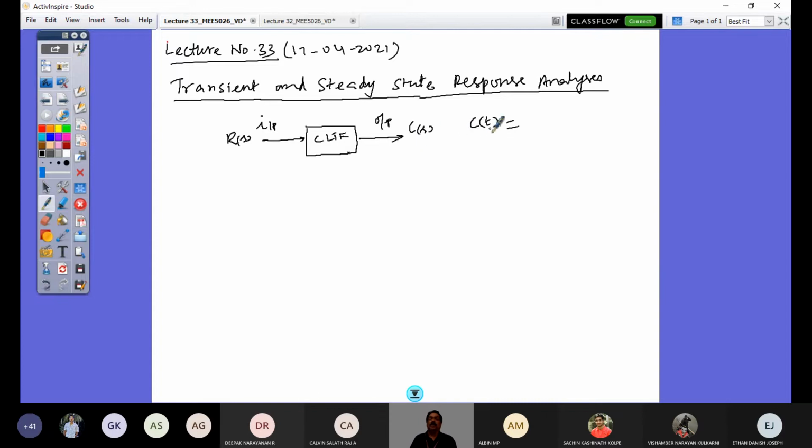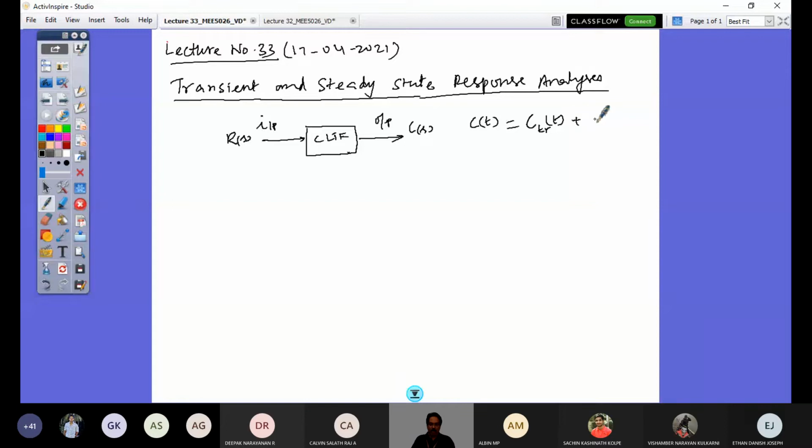It is simple. The output as a function of time would have two components: C transient of t plus C steady state of t. So any response output would have two solutions.